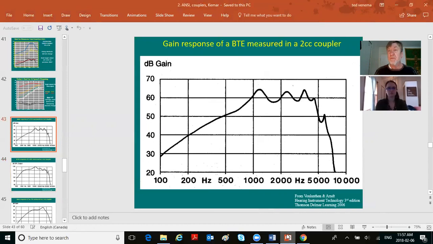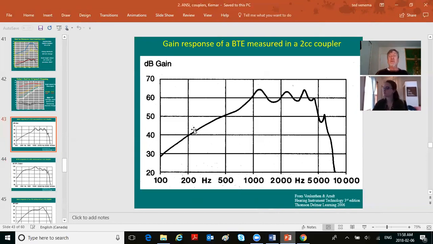And the second thing is, not only has the input gone down, but you're no longer looking at output. Now you're looking at dB gain. So 2 things happened when you moved from OSPL90 to the second ANSI measure, full-on gain. One is the input was reduced, and secondly, you're not looking at output, you're looking at gain.